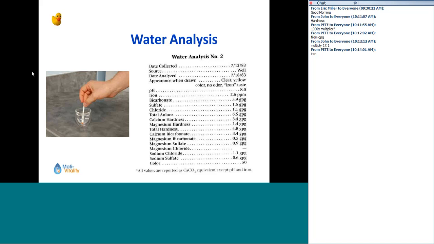Iron is definitely high. We do have hardness here. Now, one of the problems that we might have a hard time with here is, remember, you have to have 2 or 3 grains of hardness for every part per million of iron in order for ion exchange to work. So probably you're going to end up needing an iron filter on this system to oxidize the rest of it and filter all that stuff out.